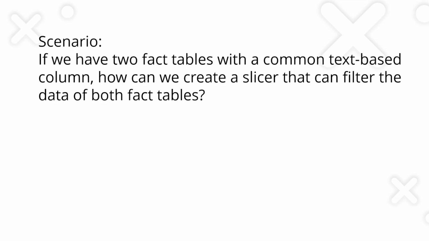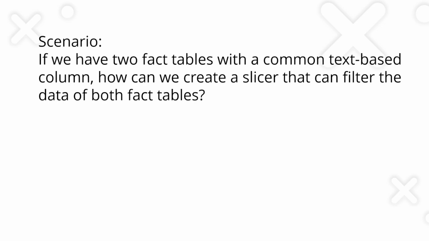So you cannot directly connect this column from the two fact tables because it is going to cause a many to many relationship, which we tend to avoid to have a better performing model.